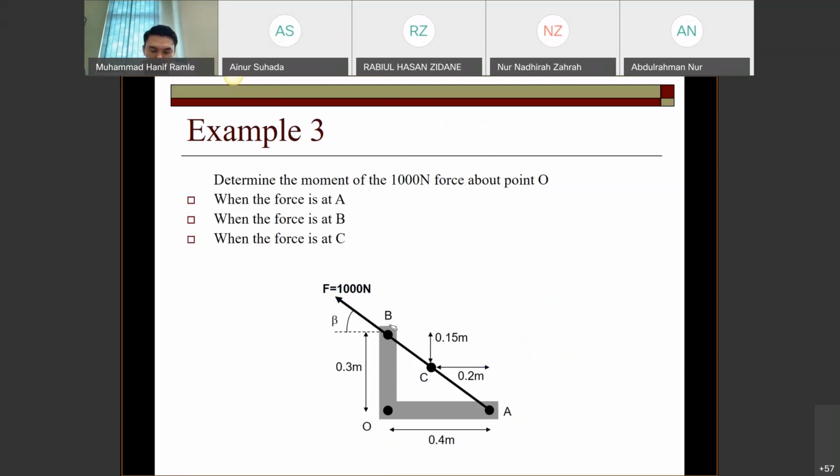Everyone got the answer? Guys, do you get the answer? Yes, Doctor. So which component is 0?